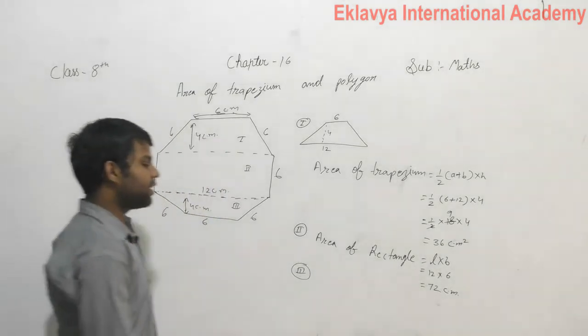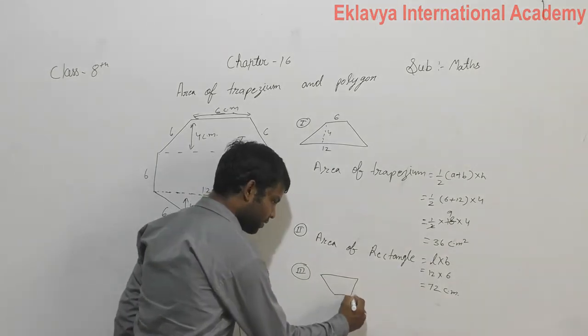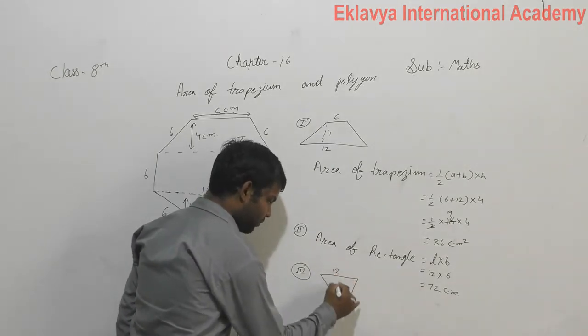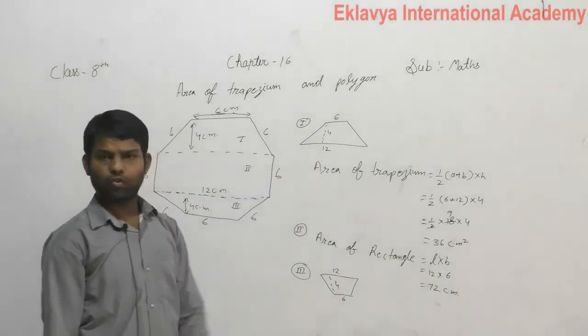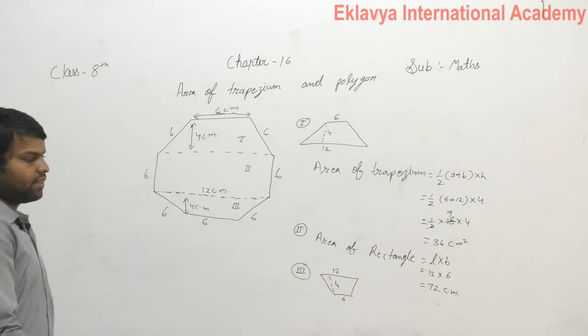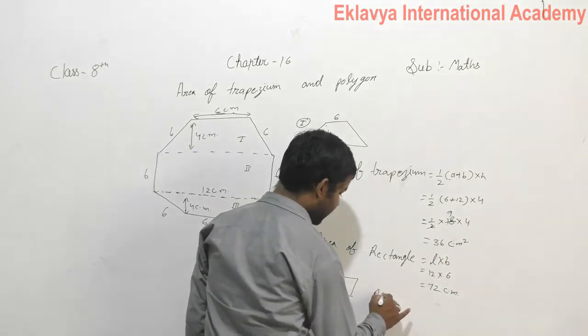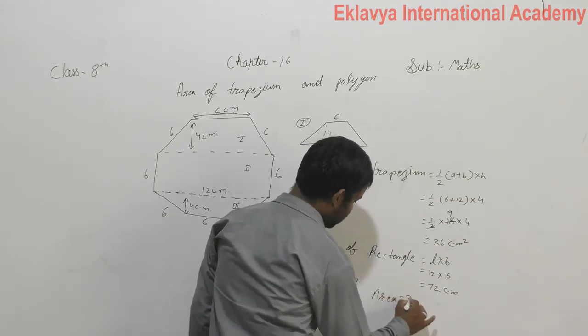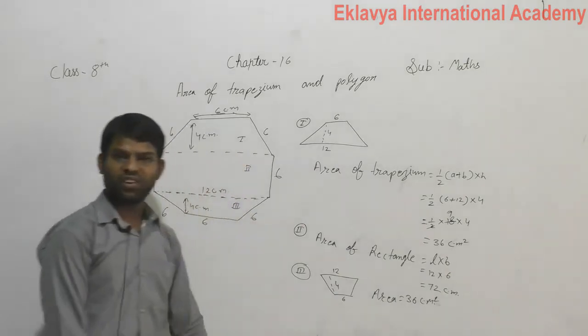Again we find out area of third shape. The third shape is again a trapezium, and the parameters of this trapezium are the same as the first figure. So we can say directly this figure's area is also 36 centimeter square, as we calculated in the first part.